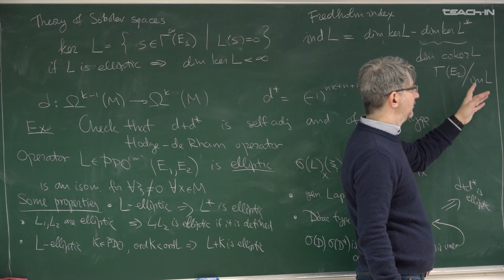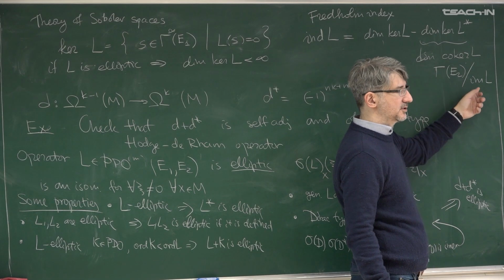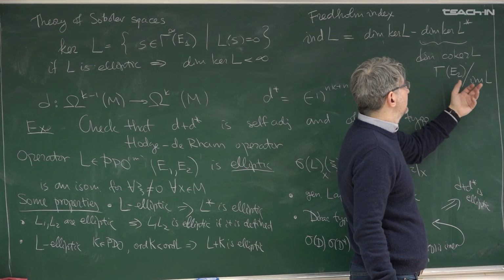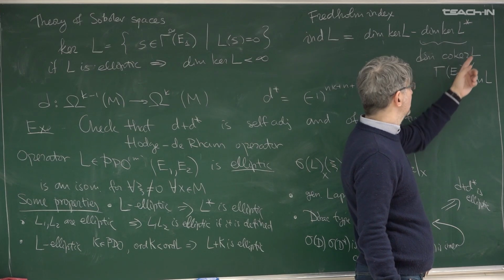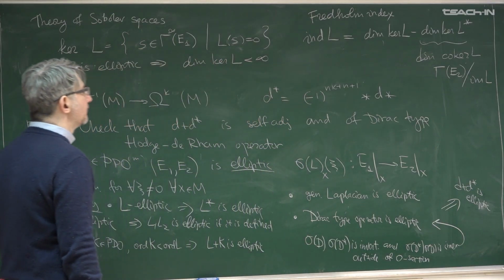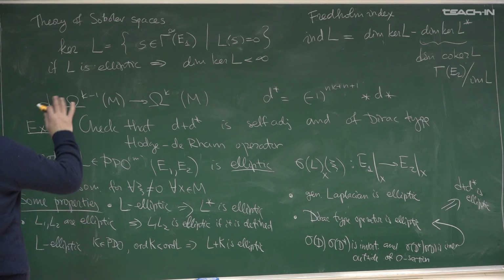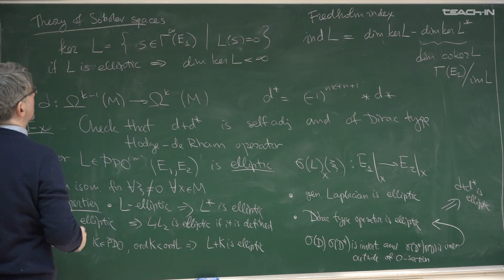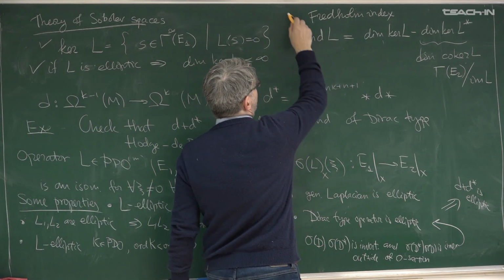In corresponding spaces, if they are properly defined, the image is closed and this is a finite dimensional vector space. But we will not use it. We just take the dimension of the kernel of the adjoint operator. It is the same if your theory of spaces is well developed. So we skip this thing. We need only this statement and this definition.